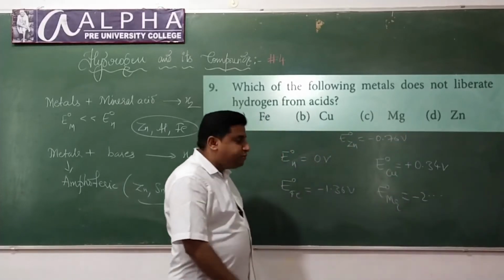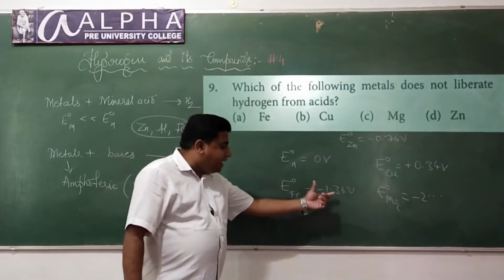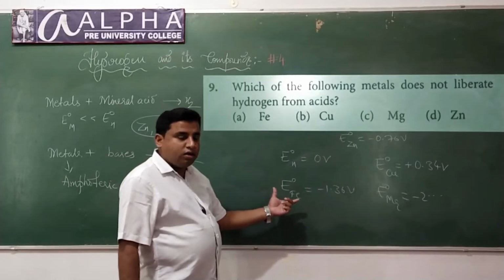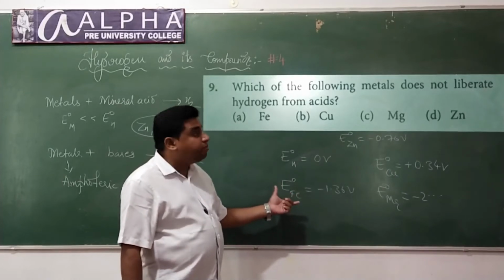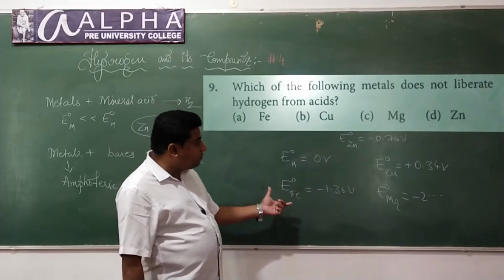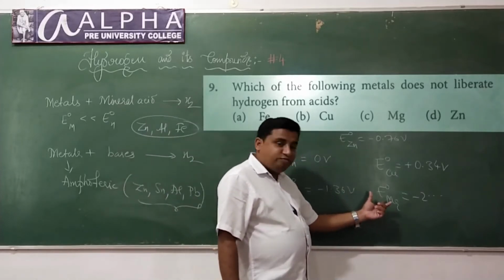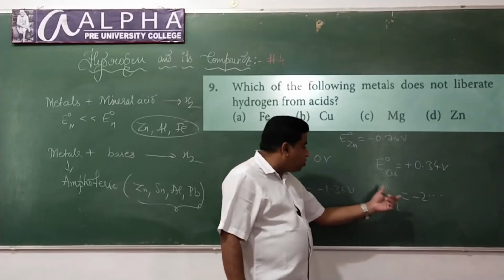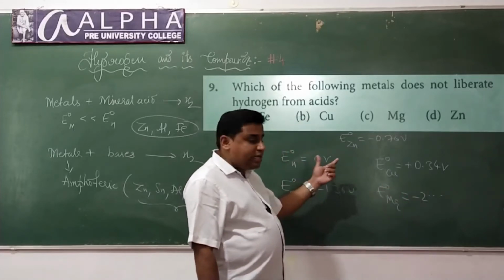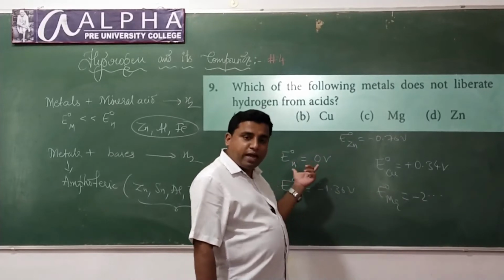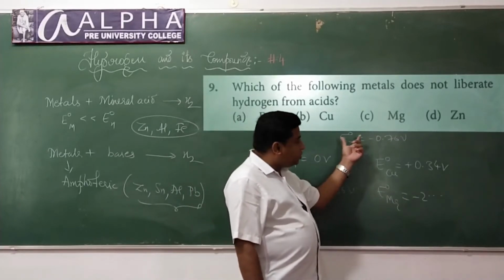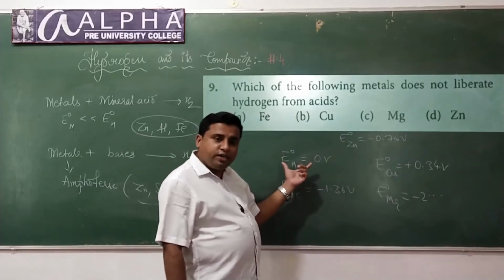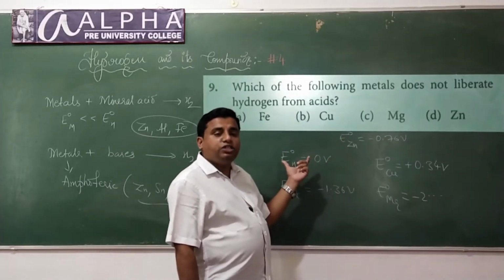Observe here, the electrode potential of iron is less than hydrogen, therefore iron can liberate hydrogen from acids. And the electrode potential of magnesium, minus 2 point something, is also less than that of hydrogen, hence even magnesium can liberate hydrogen gas from dilute acids. The electrode potential of zinc, minus 0.76 volts, is less than that of hydrogen, hence even zinc can liberate hydrogen from dilute acids.